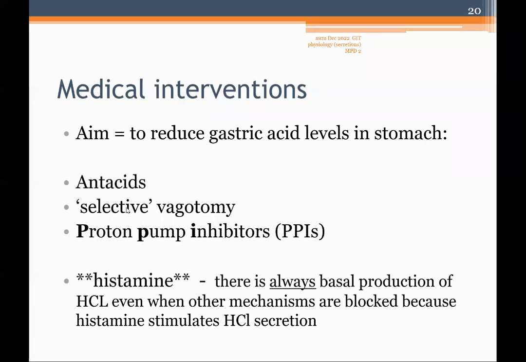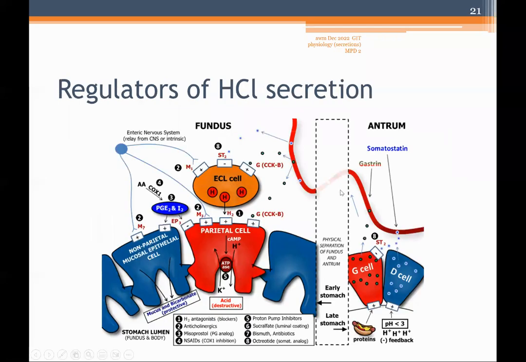And histamine stimulates hydrochloric acid. So even after doing all of these, there's always a basal minimum of hydrochloric acid. And I think they've also agreed that it's not the hydrochloric acid that causes the ulceration, it is a breach in the mucous membrane. Maybe you're not producing enough mucus, or there's a thinning or atrophy of the mucosa. So that can be what is causing problems there.